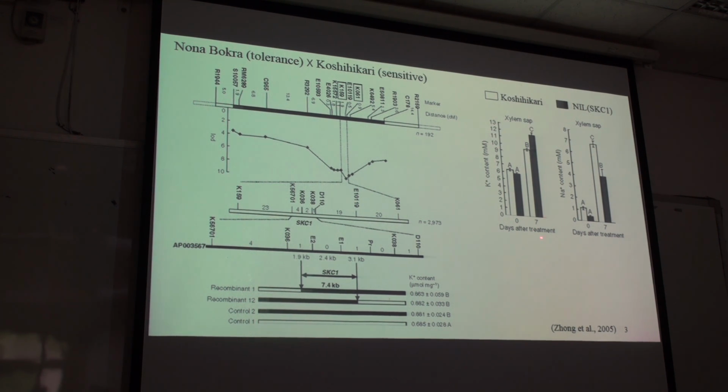After 7 days, they detected the potassium and sodium ion contents in the plants, and found the SKC1 QTL can maintain higher potassium ion and lower sodium ion contents in the plants.